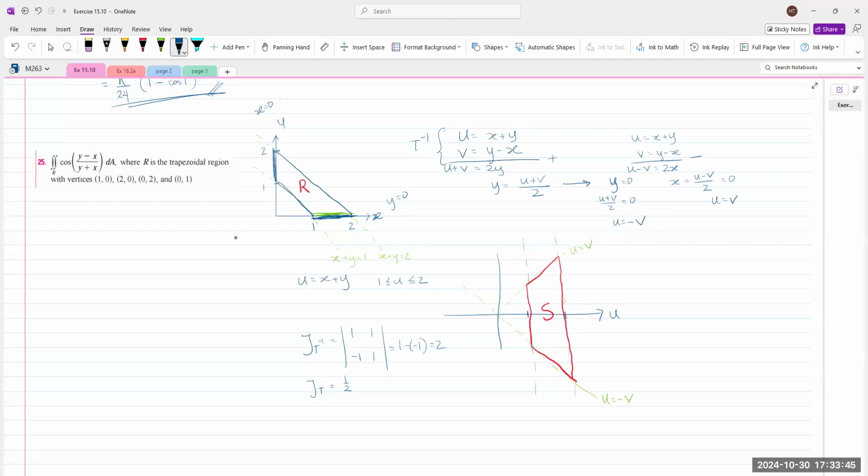Okay. Now this double integral over R, you see the setup is so long, huh? I just did the transformation so far.